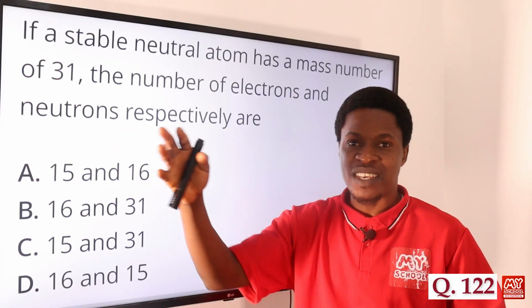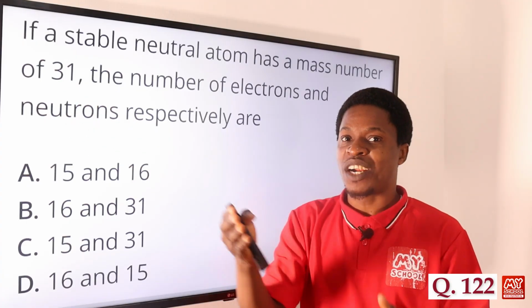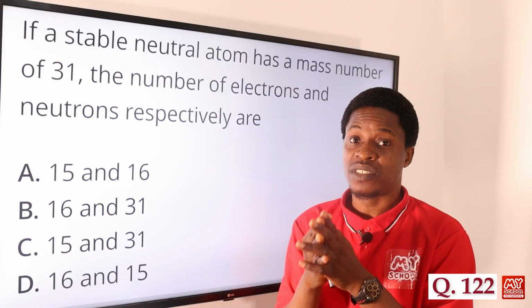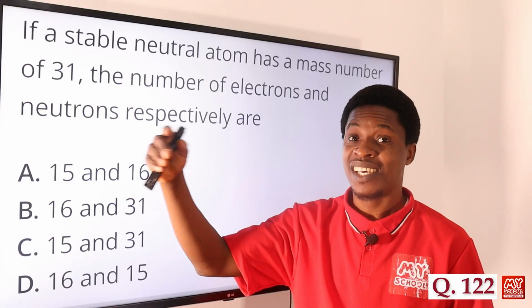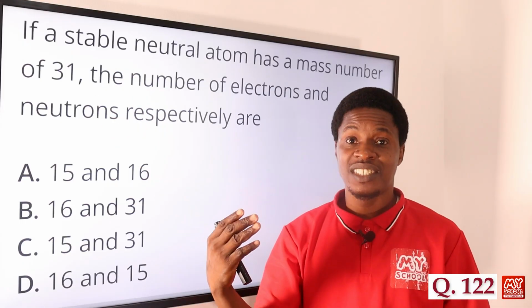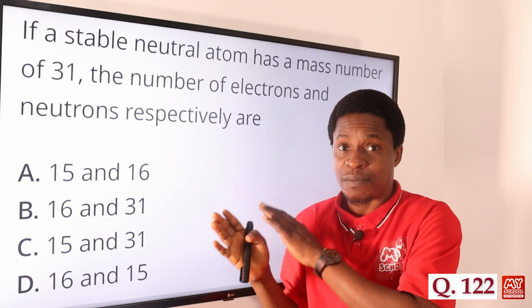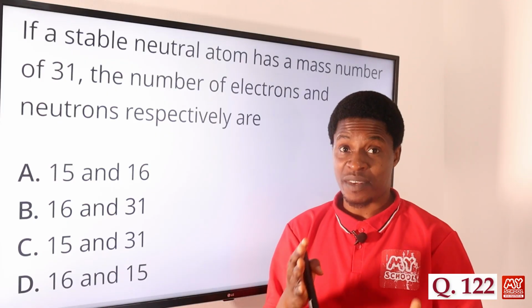In most cases, that gives me an idea, because what I get will be closer to, if not exactly, the atomic number. So if I divide 31 by 2, that would be around 15.5. 15.5 is not an atomic number of an element in the periodic table, but we can have 15. So what element is 15? That will give me an idea.